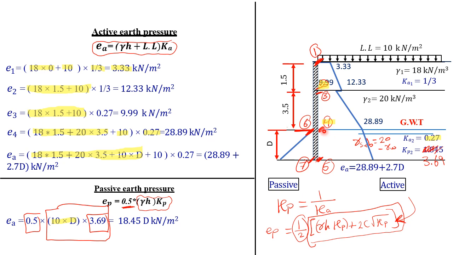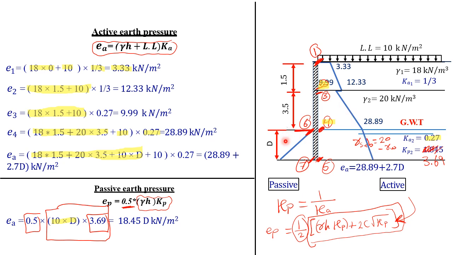Because of the existence of my groundwater table. If I have a groundwater table, I will have two broken lines as you see here, two different lines with two different slopes. If I don't have a groundwater table here and it's the same soil layer with the same properties, then it will be just one line with the same slope.